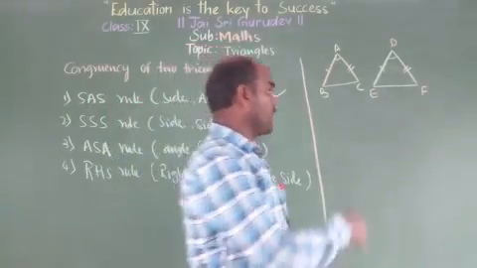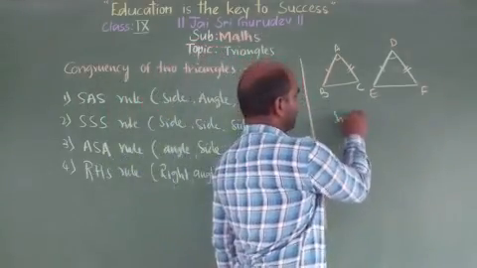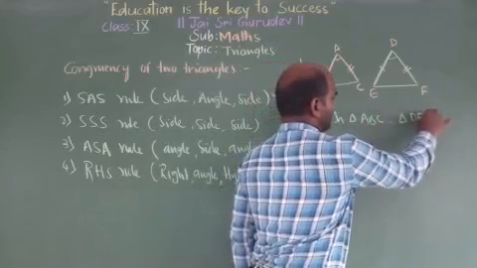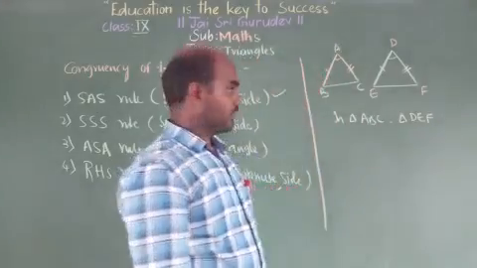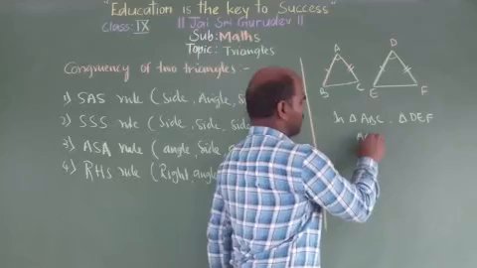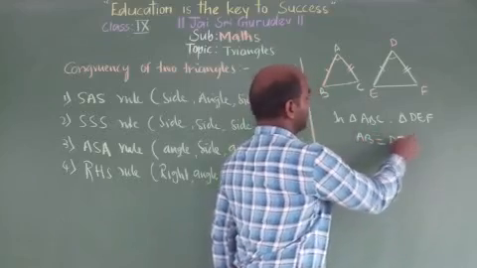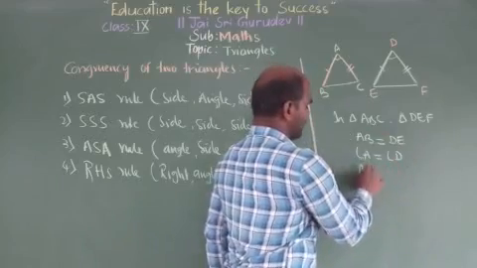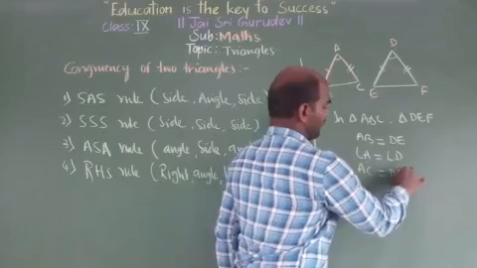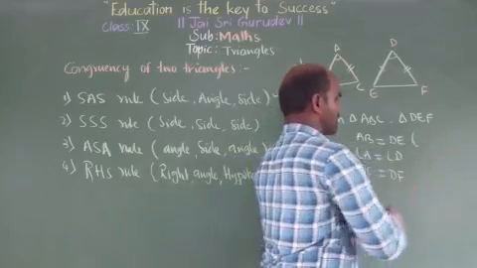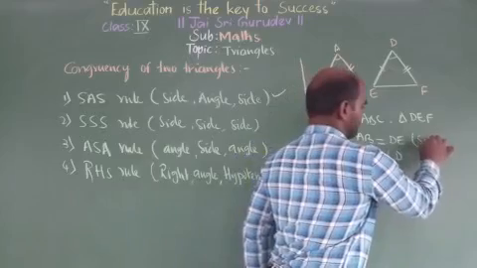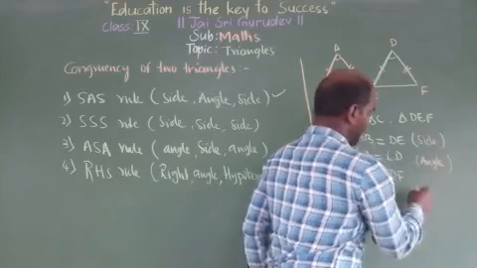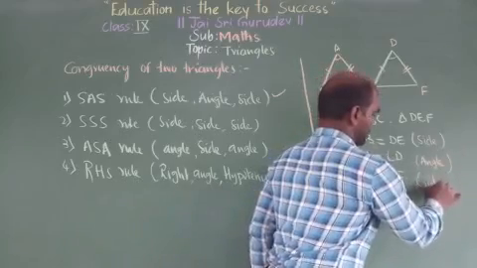So now, in triangle ABC and triangle DEF, AB is equal to DE, next angle A is equal to angle D, next AC is equal to DF. This is side, this is angle, and this is side.